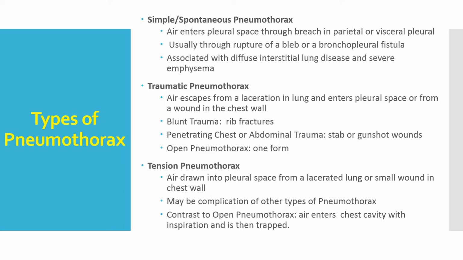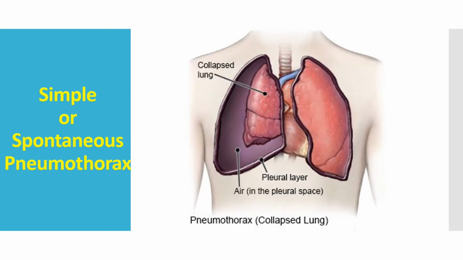A tension pneumothorax occurs when air is drawn into the pleural space from a lacerated lung or small wound in the chest wall. It may be a complication of other types of pneumothorax, and in contrast to open pneumothorax, air enters the chest cavity with inspiration and then is trapped.